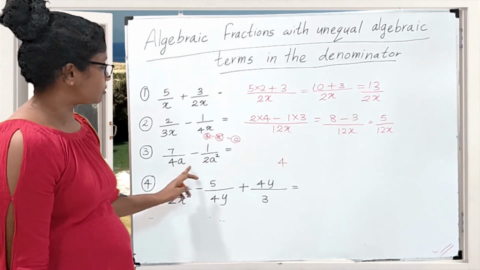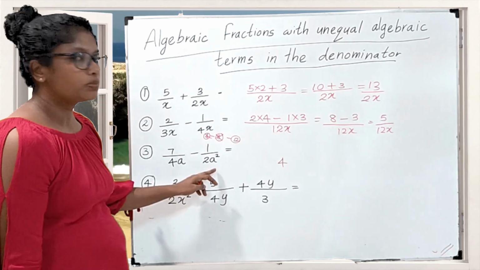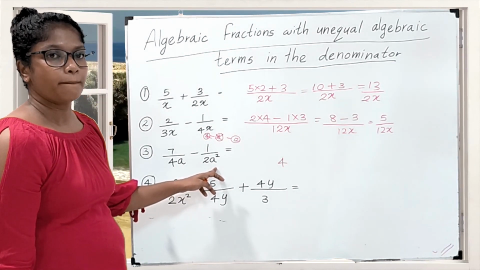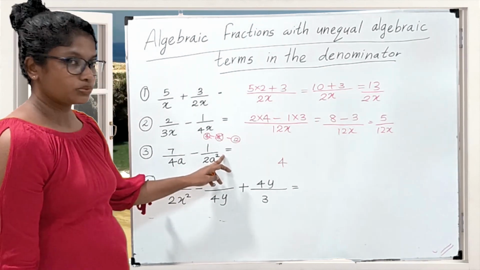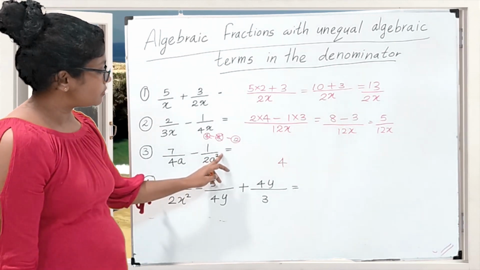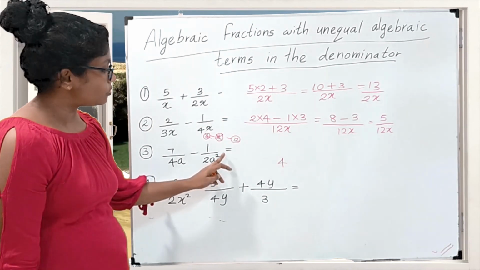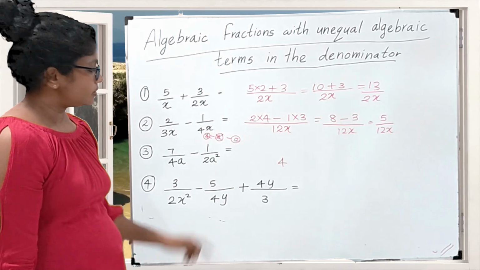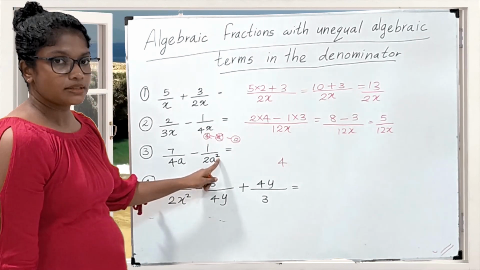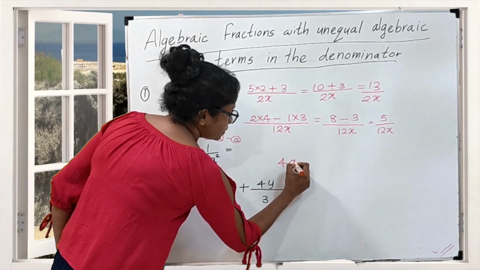What can we get from here? We can take a or a to the power 2. a to the power 2. Why? Here we have to take the term with the highest index. The highest index here is 2. That means we get a to the power 2.